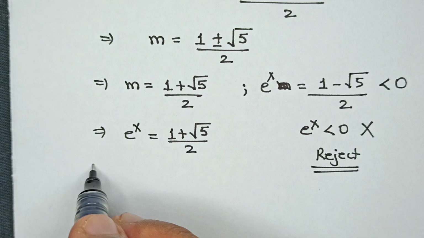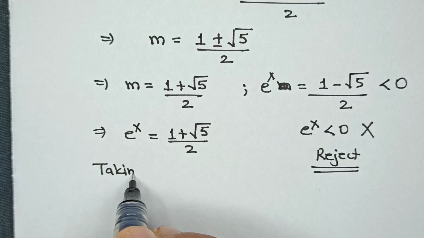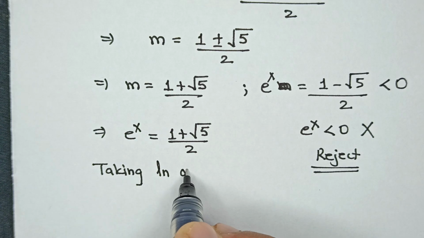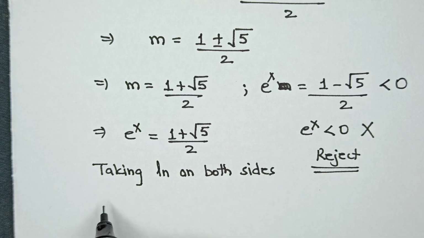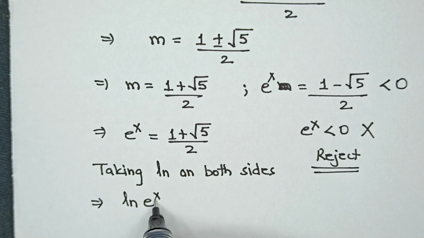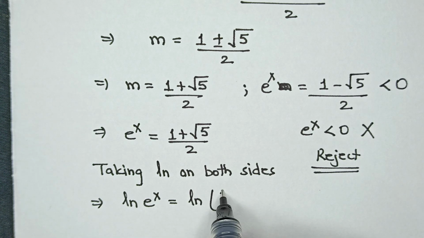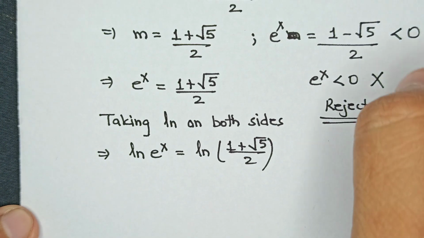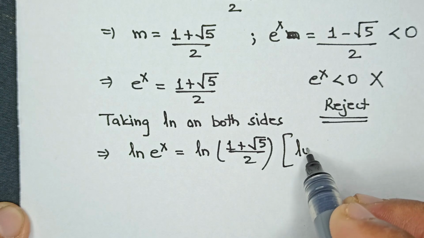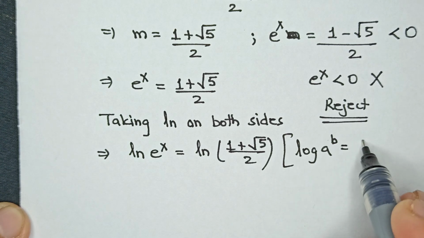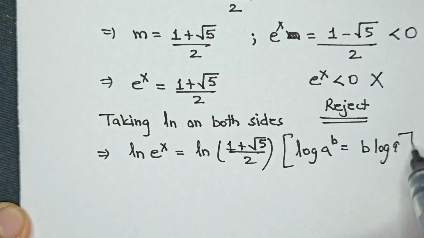Now after this, let us take natural log on both sides of the equation. So taking ln on both sides, we have ln e raised to the power x is equal to ln of 1 plus square root of 5 divided by 2. Now as per the rule of log, we'll use the property that says log of a raised to the power b can be written as b log of a.